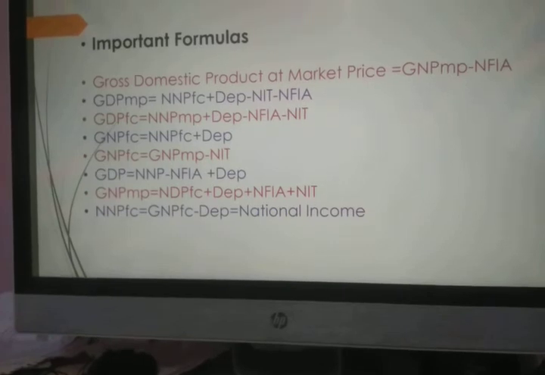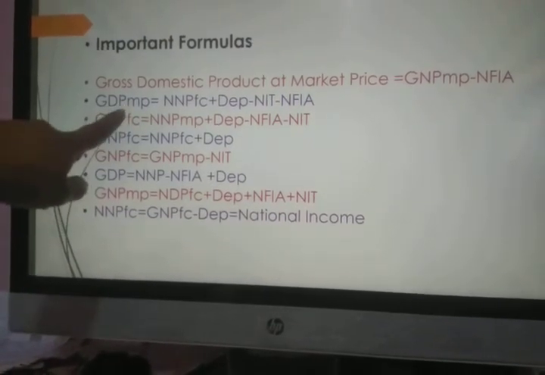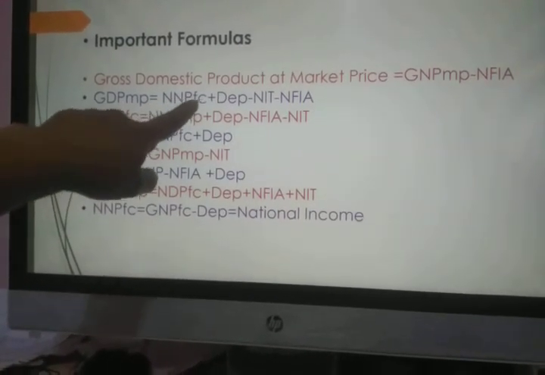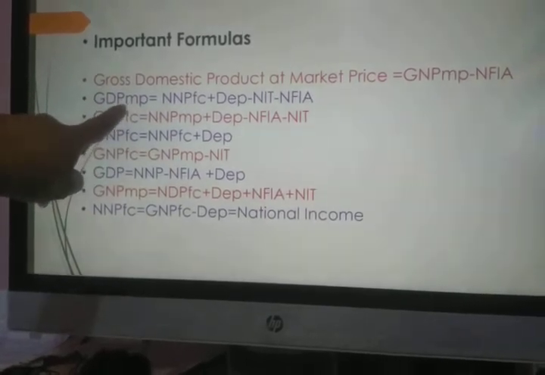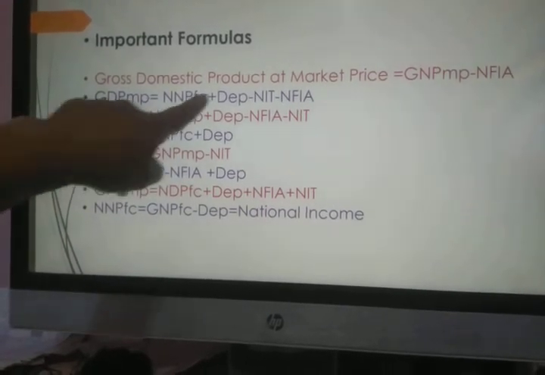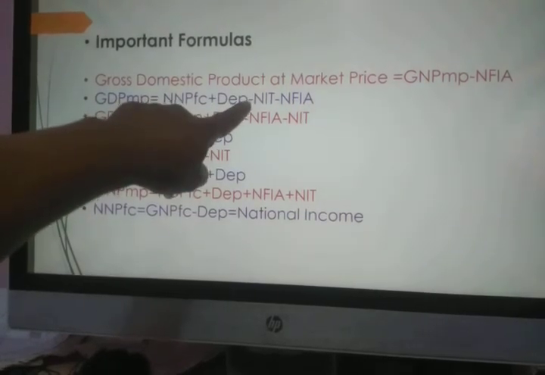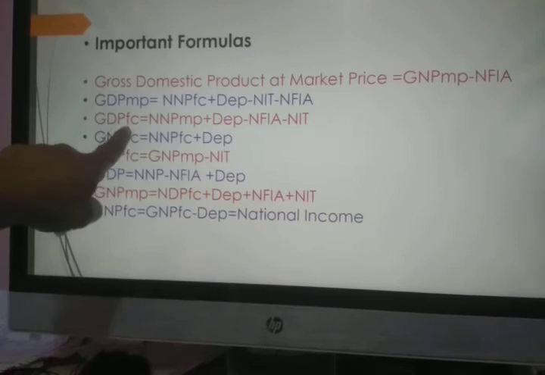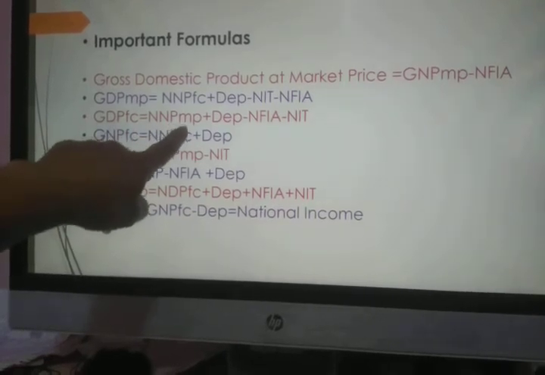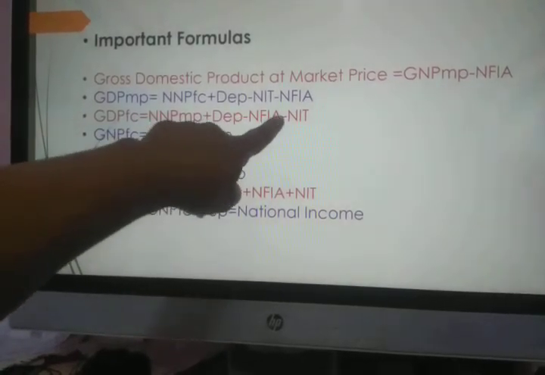So look at the difference here. Here this is MP and we are starting from FC. So from FC we are going to move to MP. So there is a problem. That is why this NIT needs to be added here. Whereas here we are arriving at FC and we are starting from MP, and thus we are deducting NIT.